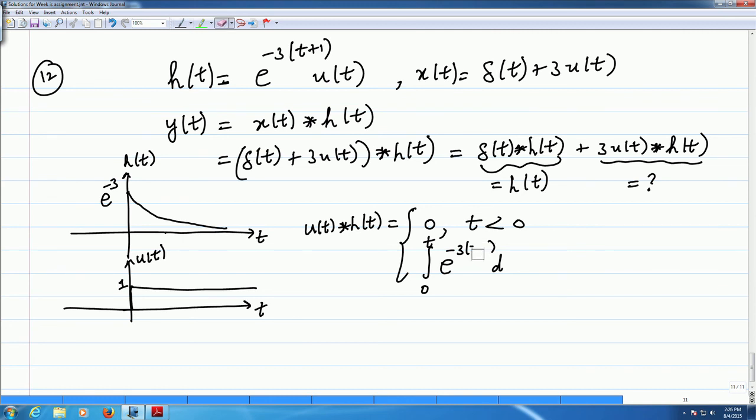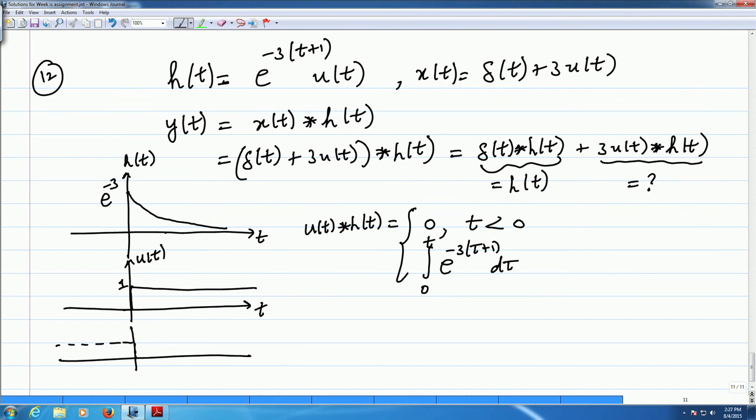Okay. So, this is the integral you have to evaluate. Hopefully, you see how this comes about. I simply have to do the flip of the u of t. Maybe I can show that to you here. I do a flip of the u of t.